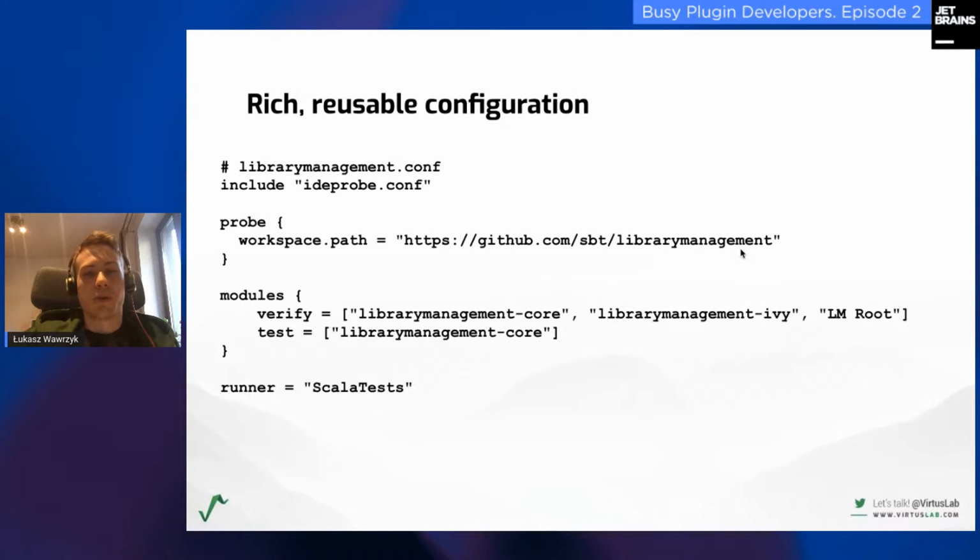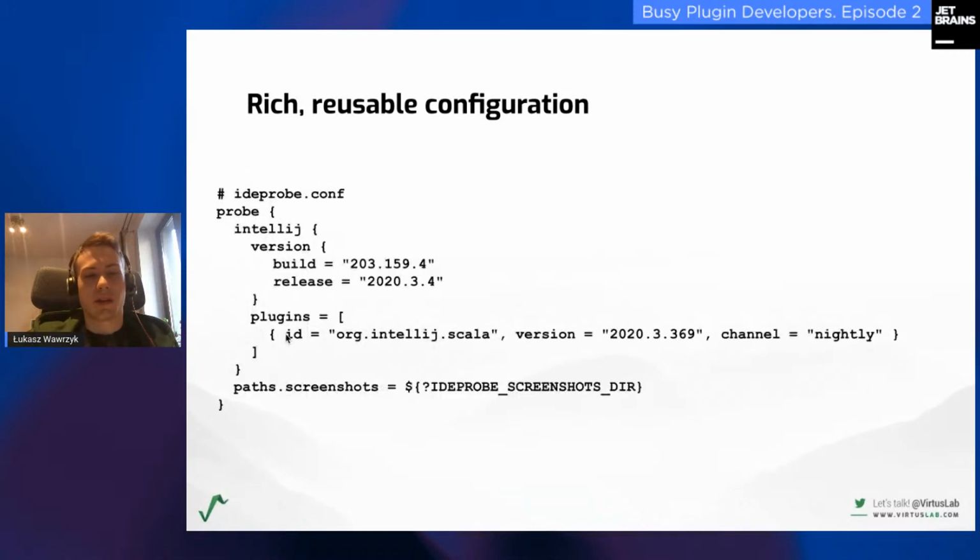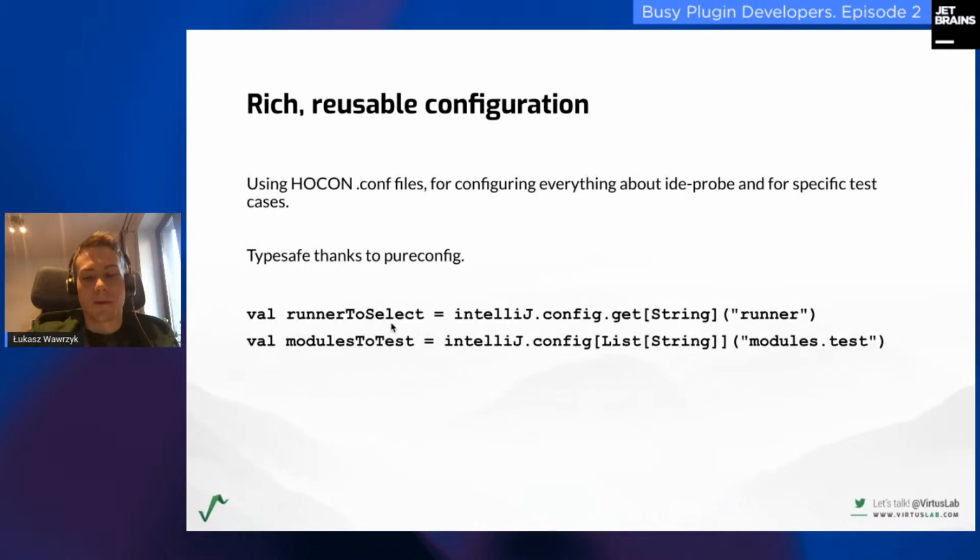So when running IntelliJ fixture, ide-probe will clone this repo first and give us this directory available as workspace. And below this key, you see it's outside of the probe. So it means these are custom settings that you can add. You can add anything here and read it in your tests, like here.